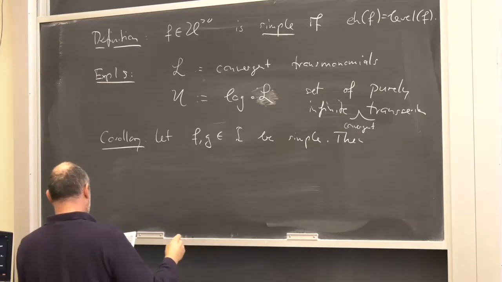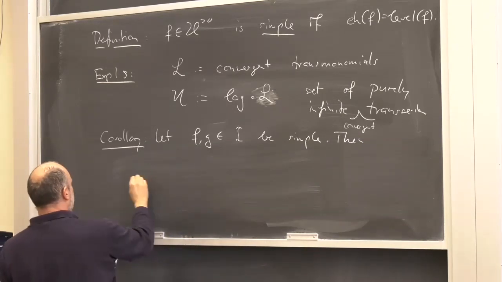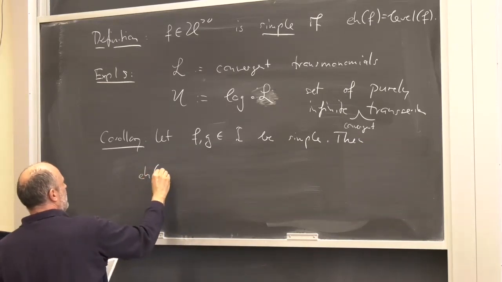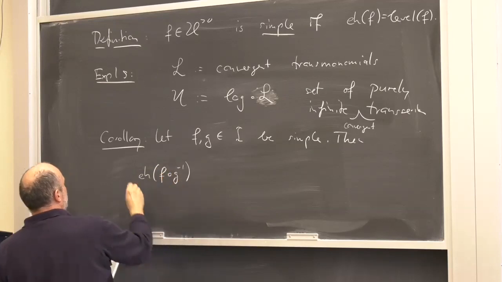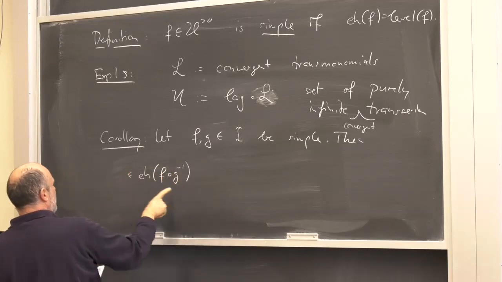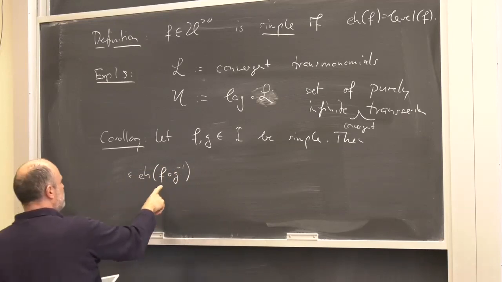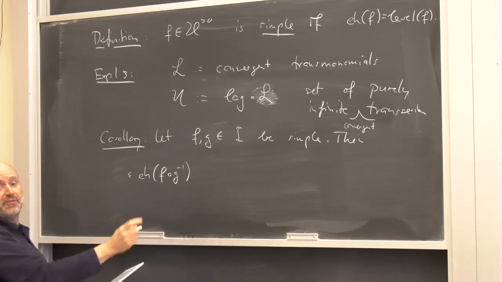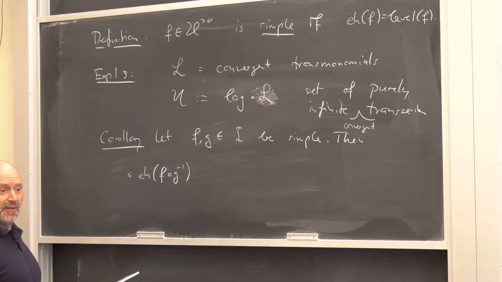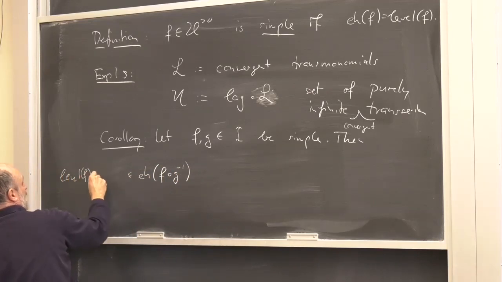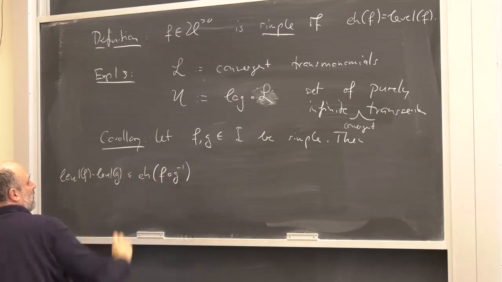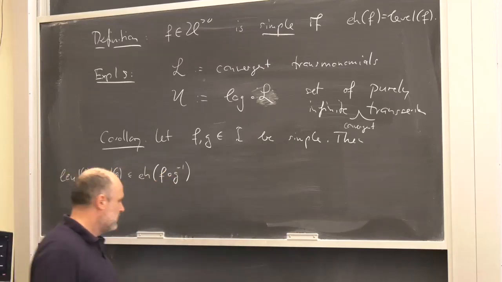then I can estimate the EH of f composed with g inverse. First of all, that's always at least the level. And for the level of the composition, that's the sum of the levels. So that's at least the level of f minus the level of g, compositional inverse minus.